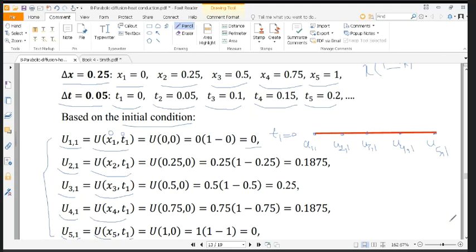For all of these points, we should use the formula x times 1 minus x. When we use this formula for u, we have, for example, for u2,1, meaning u at 0.25 and 0, where this is x and this is t.